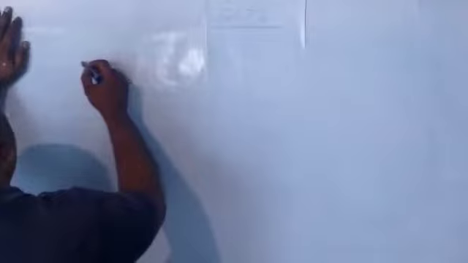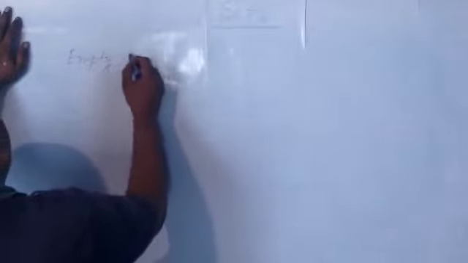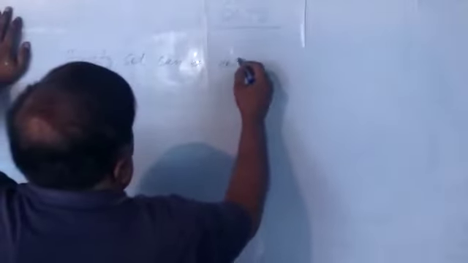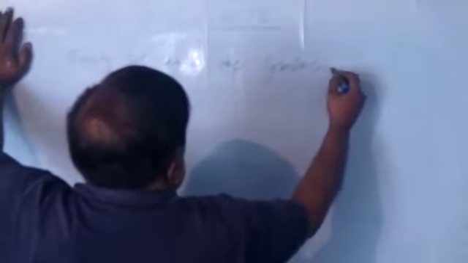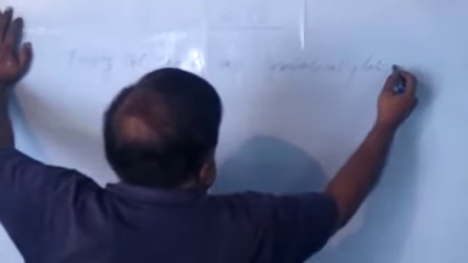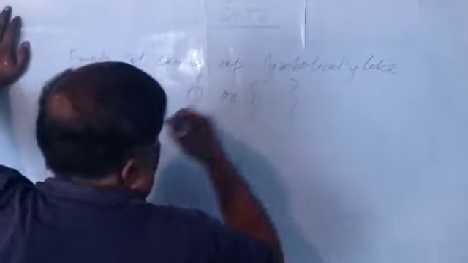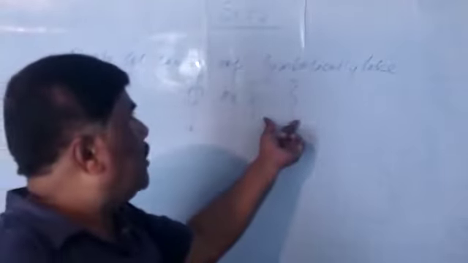If we have to represent an empty set, then the empty set can be represented symbolically like this, phi or only the brackets. Okay. These are the symbols of the empty set.